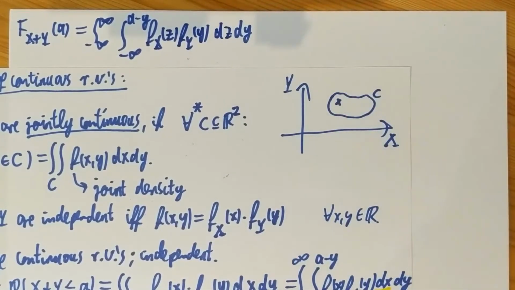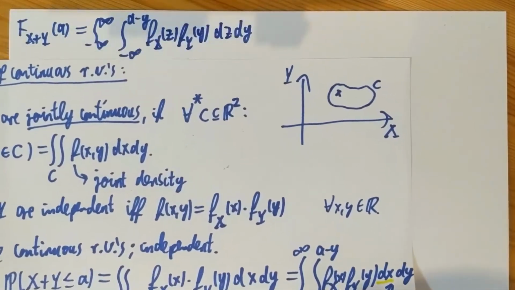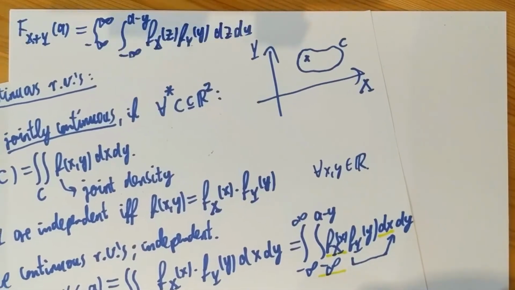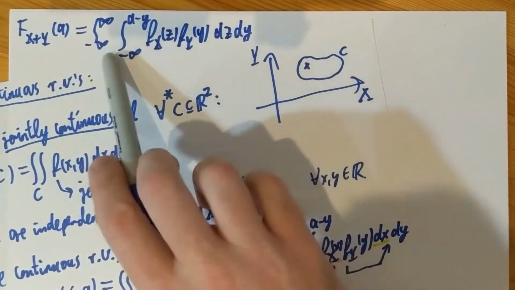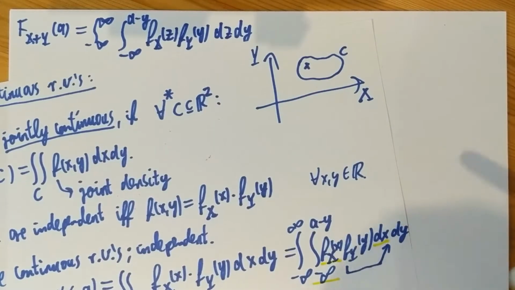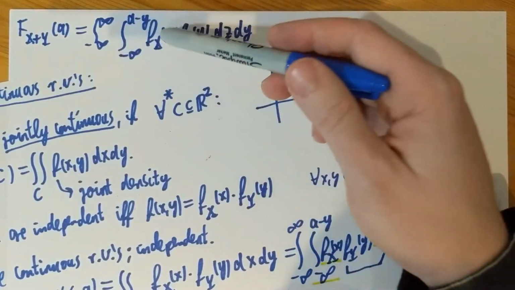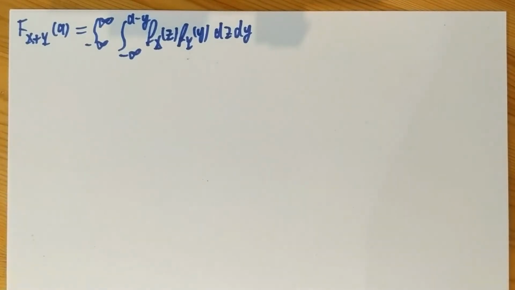So it's exactly the same formula as before. Integral from minus infinity to infinity dy f_Y, and the inner integral from minus infinity to a minus y of f of x.